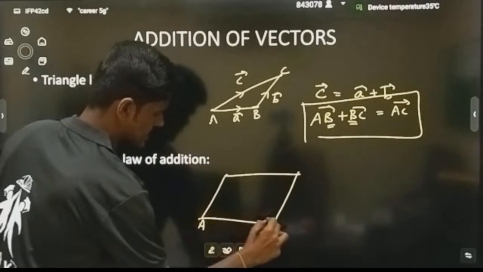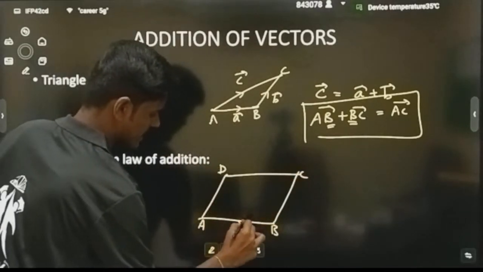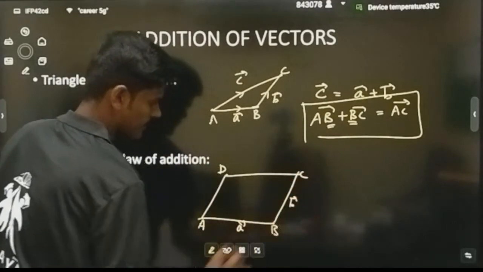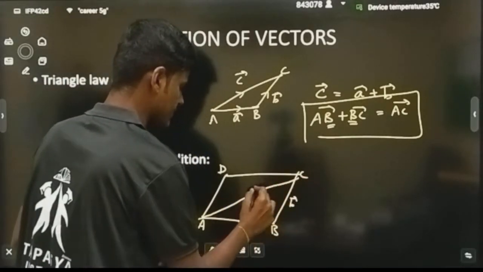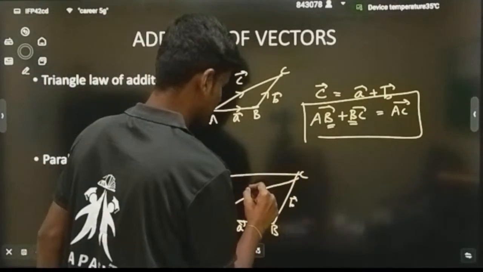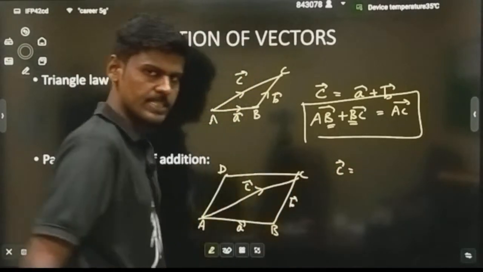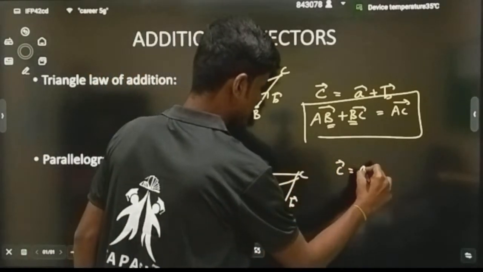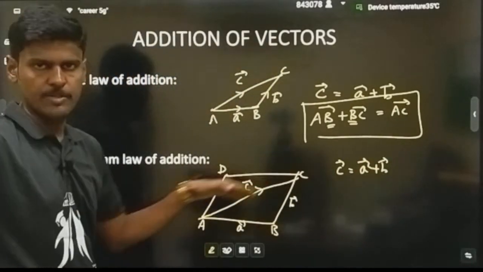Let's take these points as A, B, C and D. Let these vectors be A vector and B vector. Then obviously the diagonal AC vector, let's take this as C vector, will be given by A vector plus B vector by triangle law of addition, which we already know.